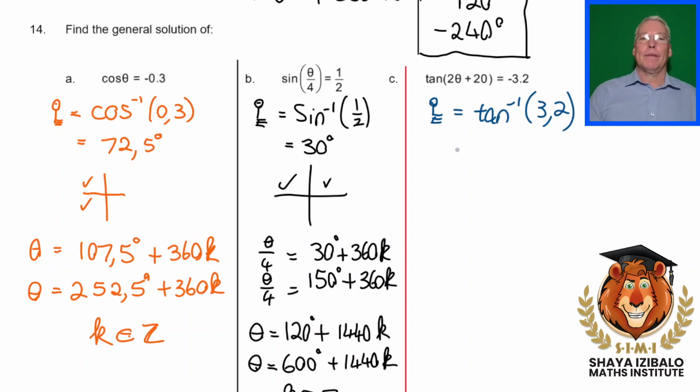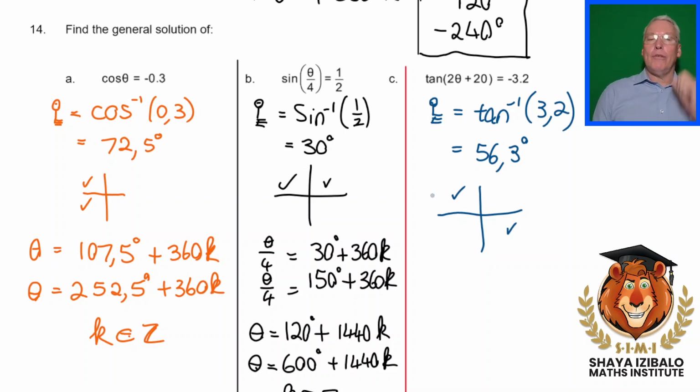Next we ask, which quadrants do we want to be in? For tan to be negative, we want to be in these two quadrants. We get into quadrant 2 by going 180 minus our key, which gives 123,7 degrees.